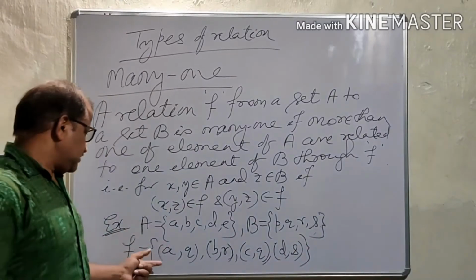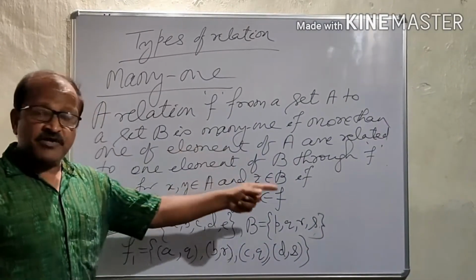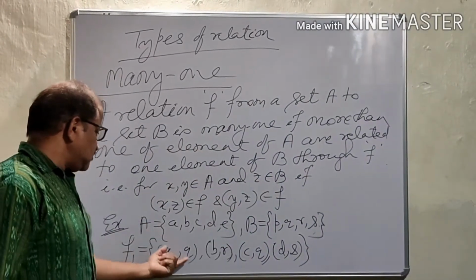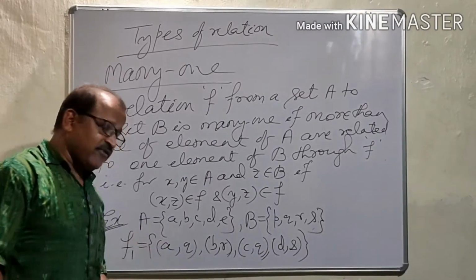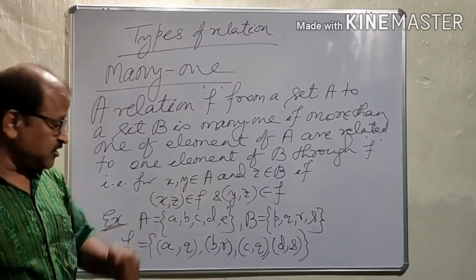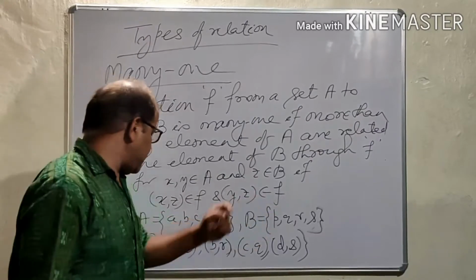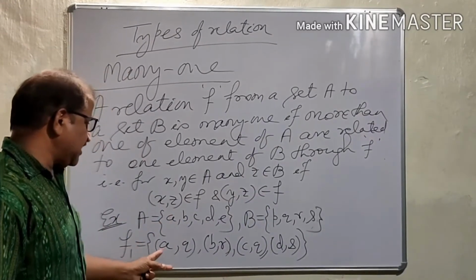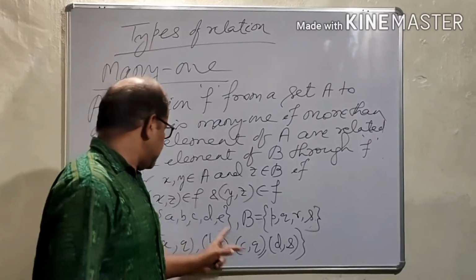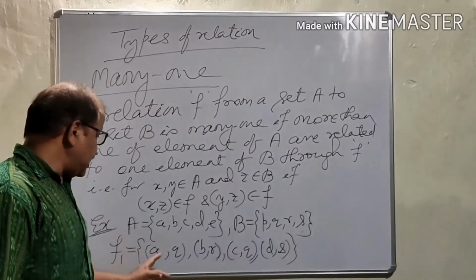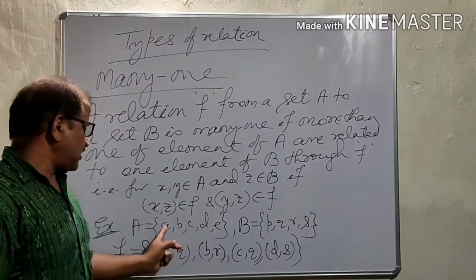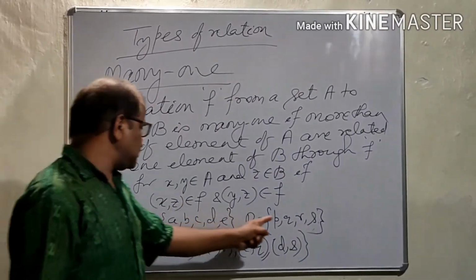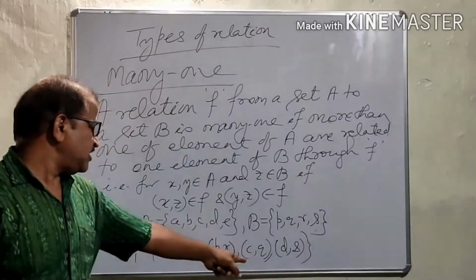Here you see, it is a relation from A to B. Why? Because the set F1 is a subset of A Cartesian product B. But you see, there are two elements, a and c in A, which are related to a single element q in B.